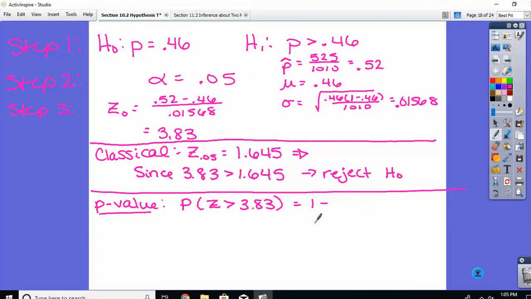Can you even read a 3.83 on our table? No. The highest our table goes is 3.49. So I'm just going to put the biggest number my table goes to because it doesn't go up high enough. So the probability that this happens is actually even going to be less than that.